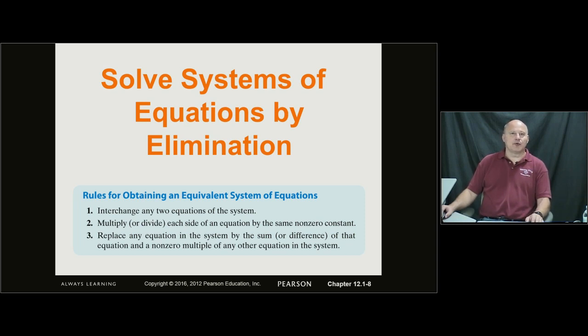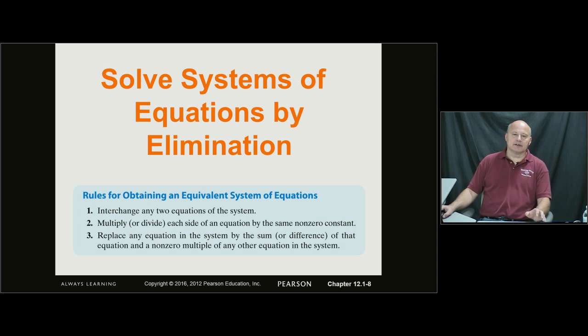And that leads us to our third rule. You can replace any equation in the system by the sum or the difference of the equation and a non-zero multiple of the equation in that system. So basically what they're saying is if you want to add two equations in the system and put that result back into it, that's the biggest one right there.